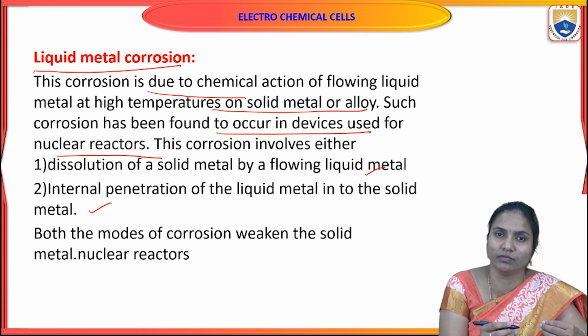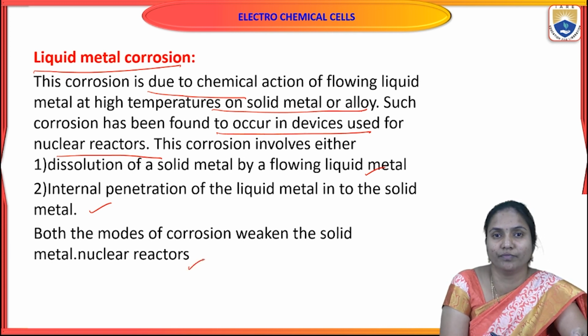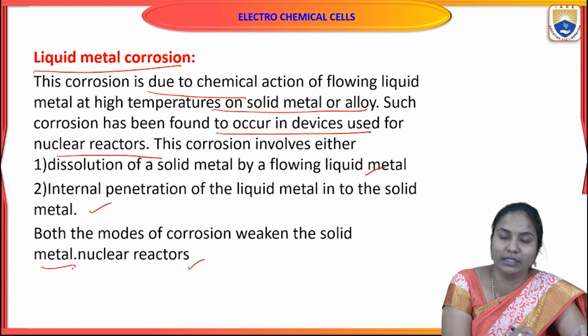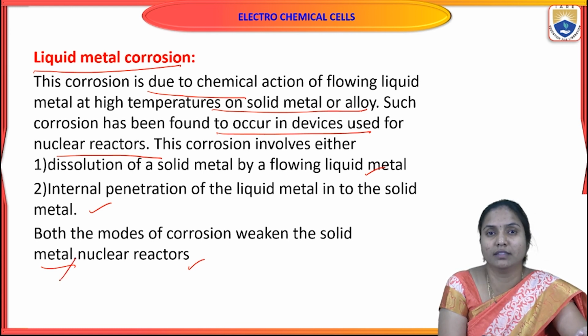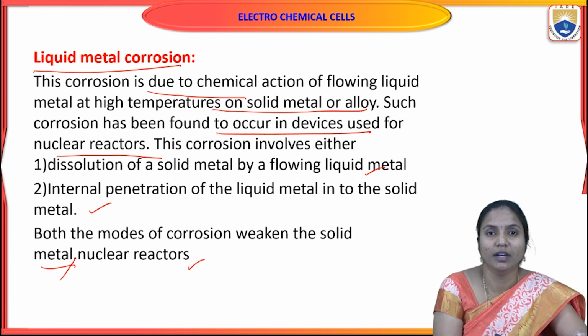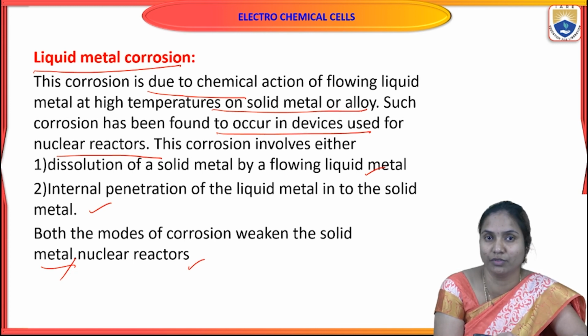When we apply some liquid lubricants, this type of corrosion also arises. In both modes, the solid metal becomes weak in nuclear reactors. So simply, when the metal interacts with liquids, this type of corrosion occurs, mainly observed in devices used in nuclear reactors.